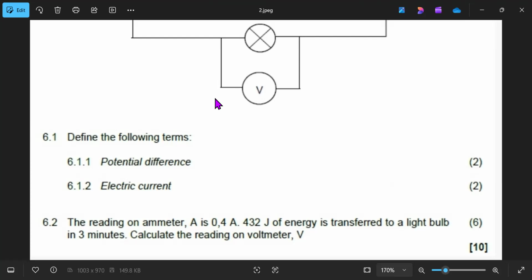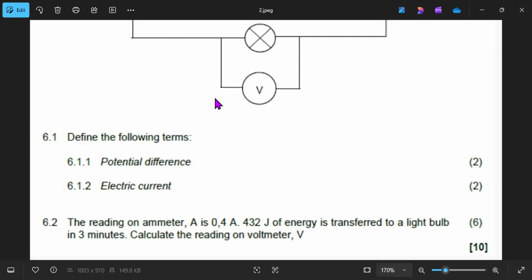We know it in the numerator, but we are looking for V. In order for us to find V, we need to know Q. We already have W in the numerator. We just need Q, which is the amount of charge in the denominator. And then we can gladly find the V.